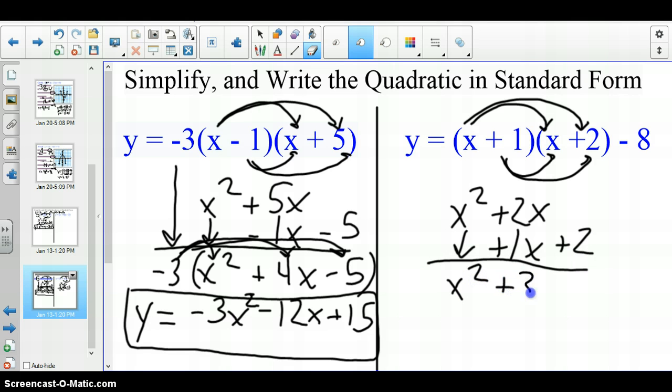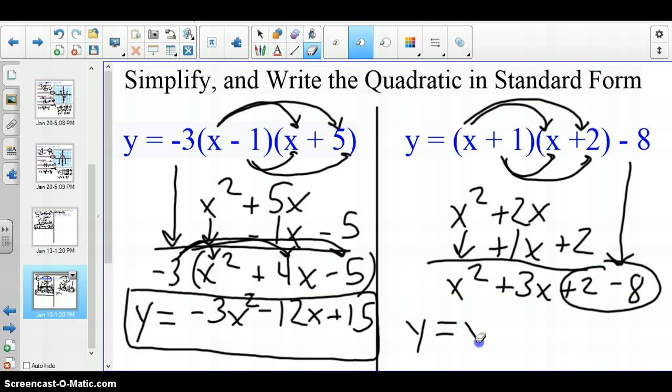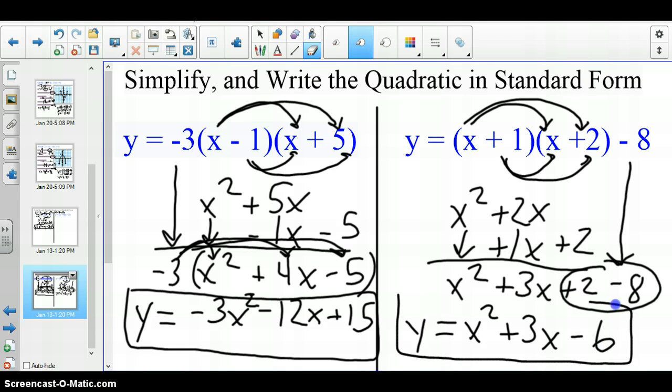Combine my like terms, 3x plus 2. And now I have this negative 8 that was outside the parentheses. Okay, I need to bring that down and combine it with its like term. So y equals x squared plus 3x, 2 minus 8 is negative 6. So this is something that we should be able to do.